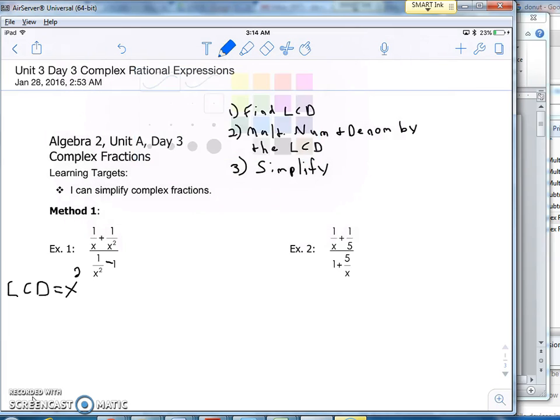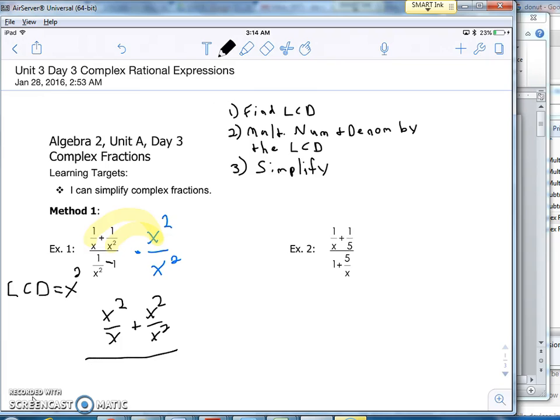The numerator gets multiplied by x squared, and the denominator gets multiplied by x squared. As I distribute this, in the top, we get x squared over x. I'll write it down, but in the future I probably won't. Plus x squared over x squared.